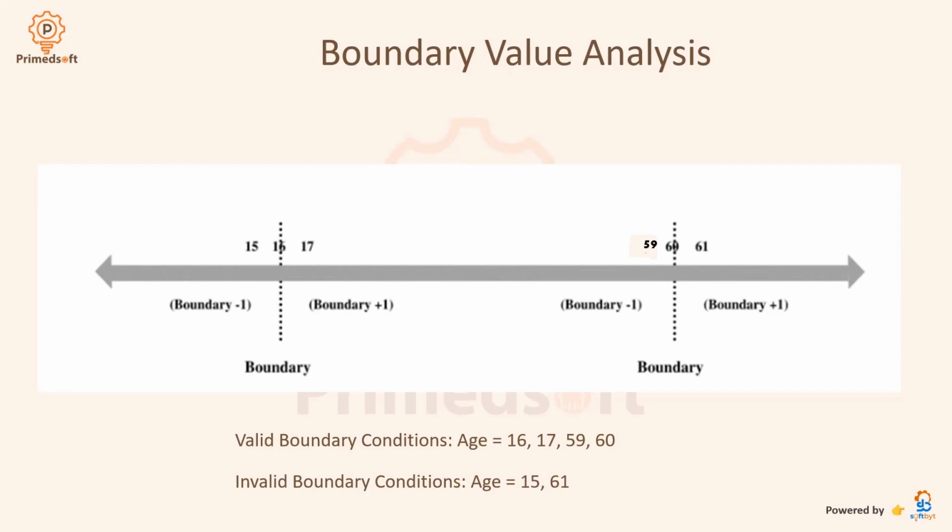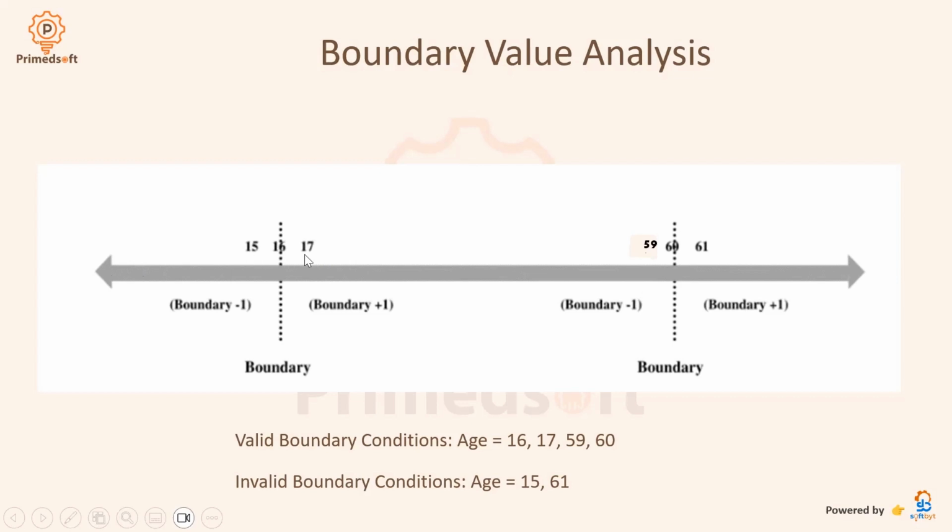But testing within the boundary has to do with boundary value analysis, where you will now choose every possible number within the boundary. From here going towards your left-hand side is your invalid. And what are within the boundary? 16 is where the boundary started.